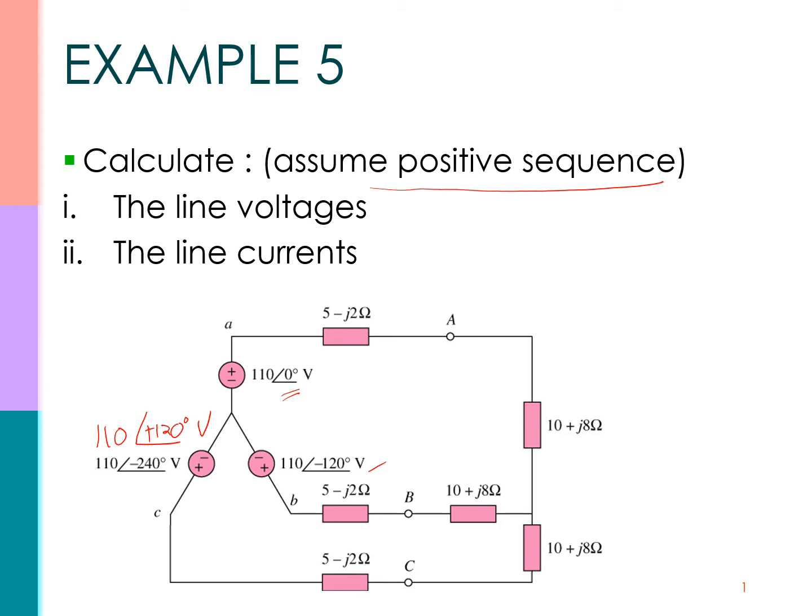As you can see, there are two values of impedance, which are line impedance and load impedance. You have to total up this line impedance and load impedance to obtain the Y load. So ZY is equivalent to Z line plus Z load.